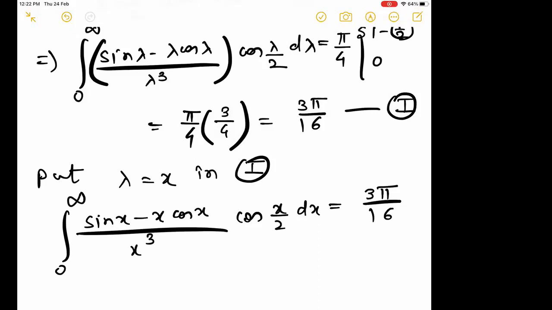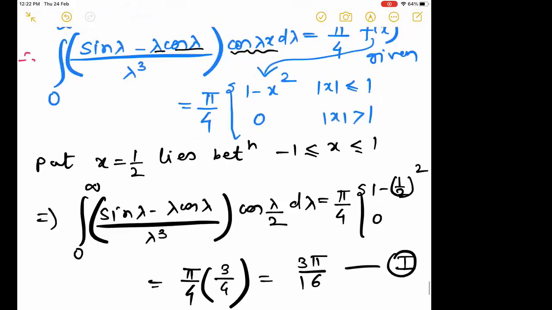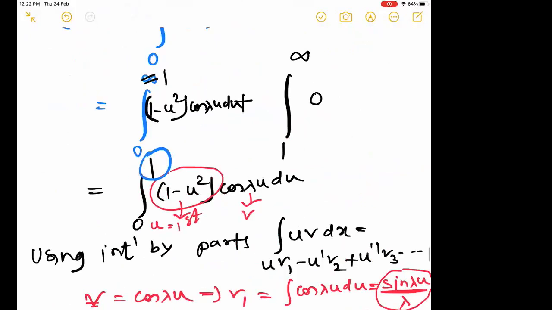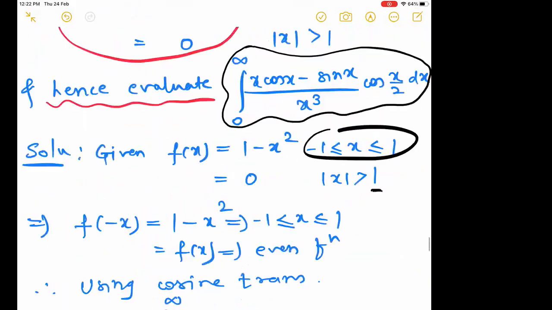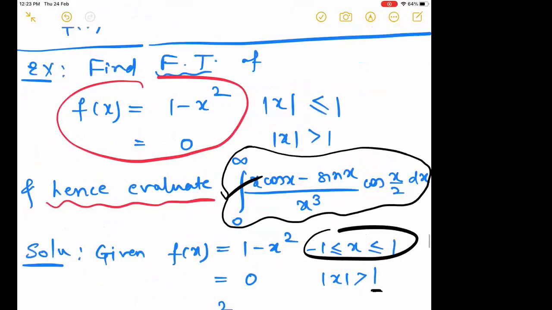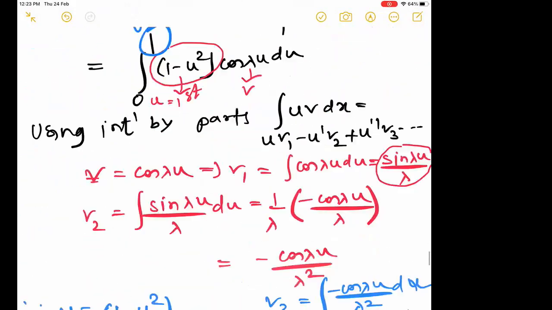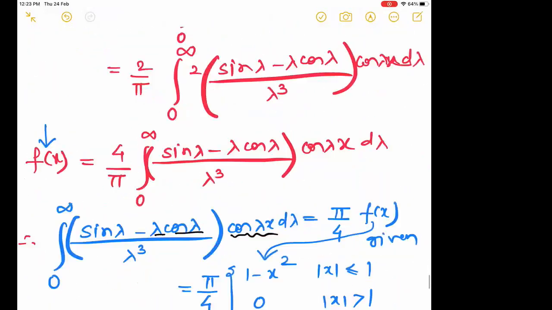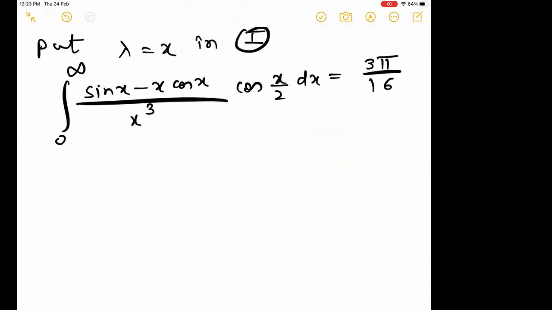Okay, is it what is required, or is any still change required here? What is asked? x cos x is the first term minus sin x upon x cube. What is our first term? Our first term is sin x minus x cos x.